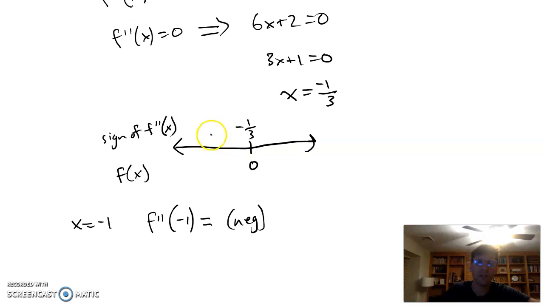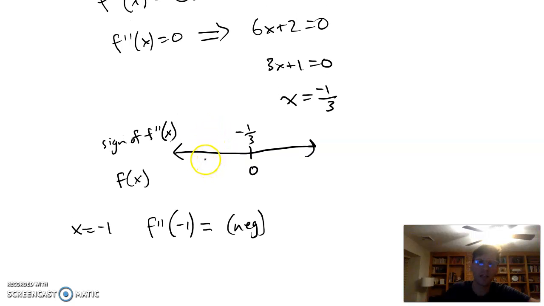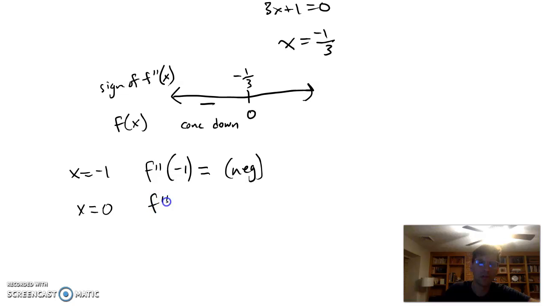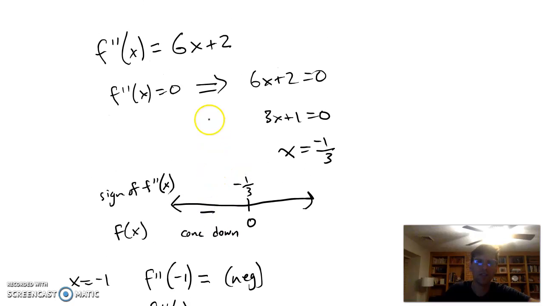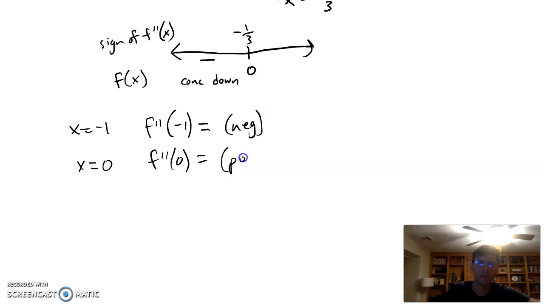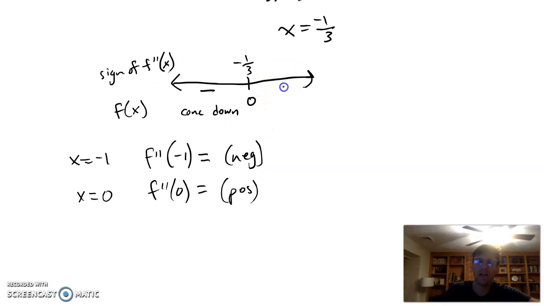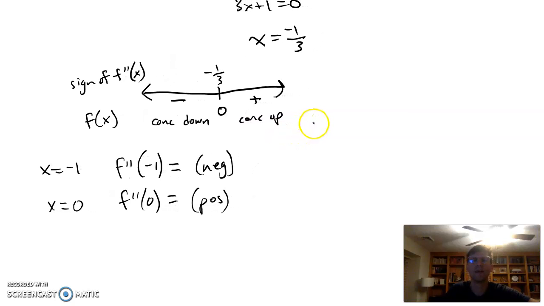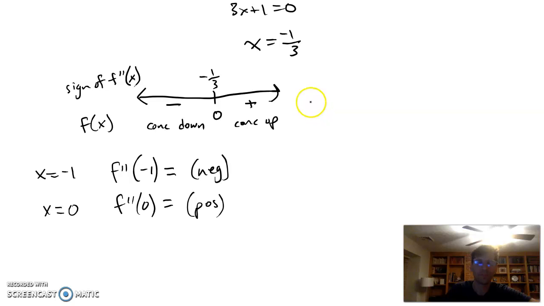So here at negative 1, it is negative, so it's concave down. And then let me try 0. f double prime of 0 is positive, so this is indeed concave up there. So this would be an inflection point where the concavity changes.